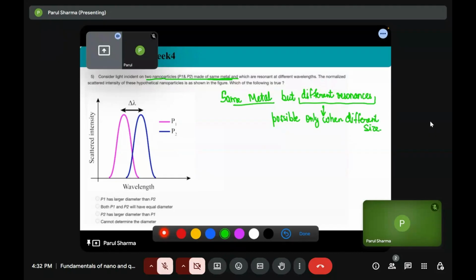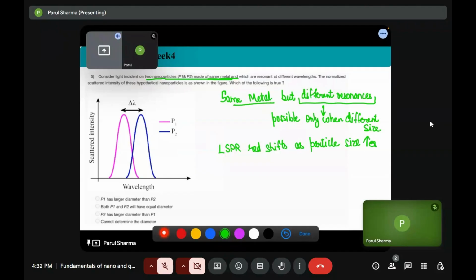So for LSP resonance, as particle size increases, we just saw that the frequency is lower, so in the spectrum the wavelength will shift toward the longer side. The blue peak is at the longer wavelength, the pink peak at the smaller wavelength.